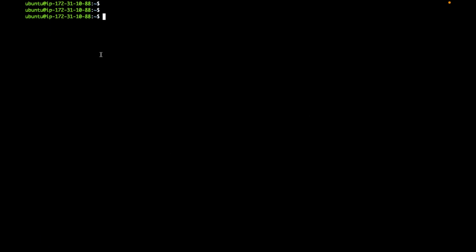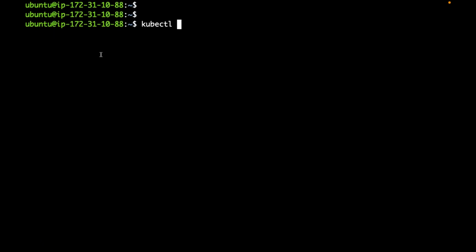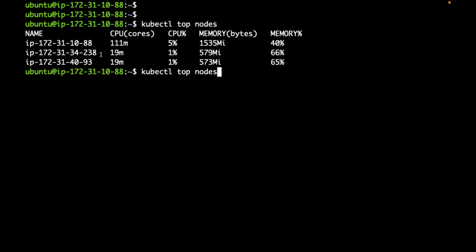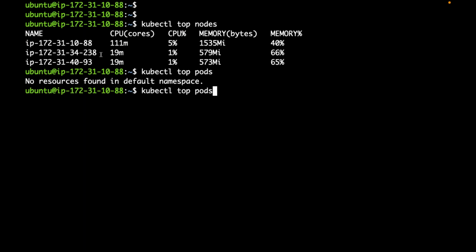Now will this command work? Since we have a metric server enabled, after some time it is going to fetch the data. This time, do you see, is it able to gather the metrics? As of now, I don't have any pods in the default namespace. That's why it is not saying anything.